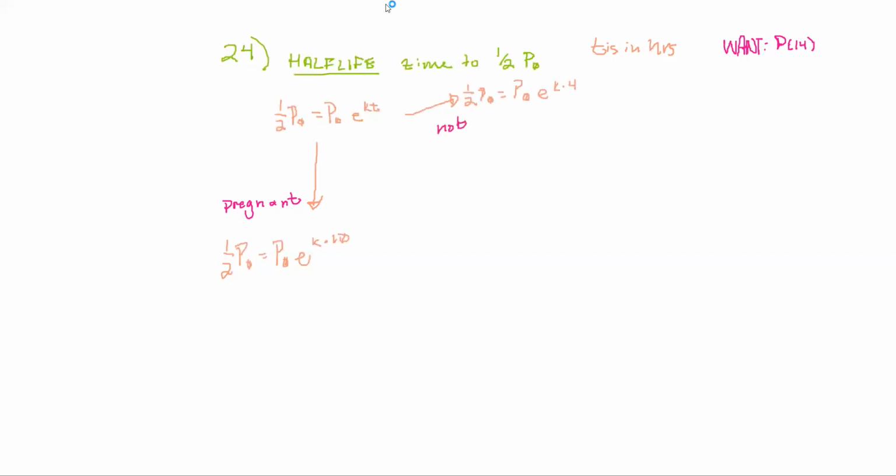What if I were to try to start doing this problem right now? I would say p of 14 is equal to p naught e to the k times 14. What's wrong with this problem?